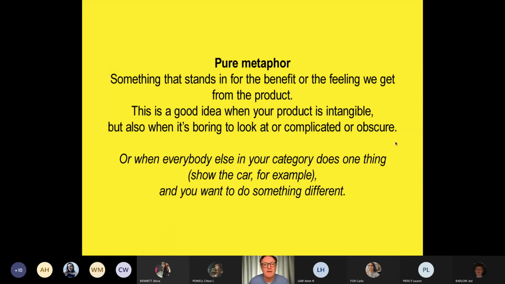This is a good idea when your product is intangible, but also when it's boring to look at or complicated or obscure, or when everyone else in your category does one thing, like show a car, for example, and you want to do something different. So a pure metaphor is used when something isn't physically tangible, when you can't sum it up as an object, but as a desire.